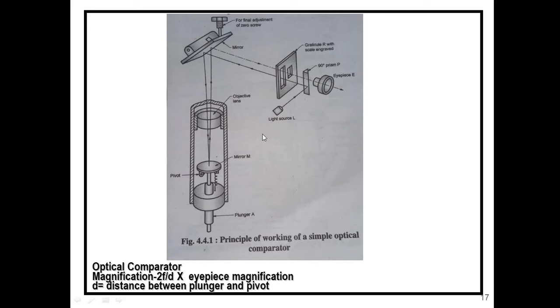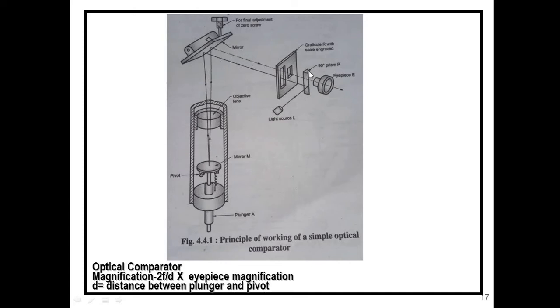So this is the source of light, it hits this 90-degree prism. This ray of light changes its path through 90 degrees, and it hits this mirror. After hitting this mirror, the light reflected from the mirror forms an image of the scale.